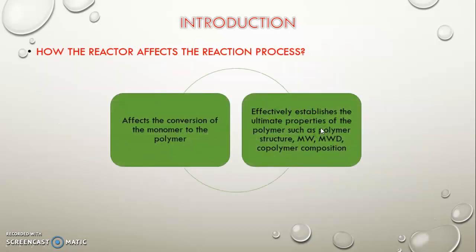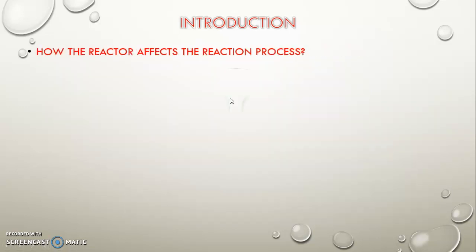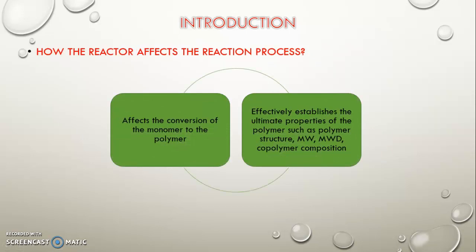Okay, how does the reactor affect the reaction process? Okay, first it affects the conversion of the monomers to the polymer. Okay, and secondly, it effectively establishes the ultimate properties of the polymer such as polymer structure, molecular weight distribution, copolymer composition. So kita boleh pilih antara 3 reaktor.